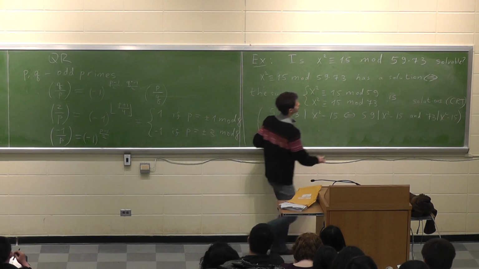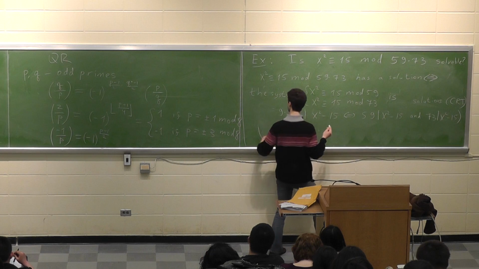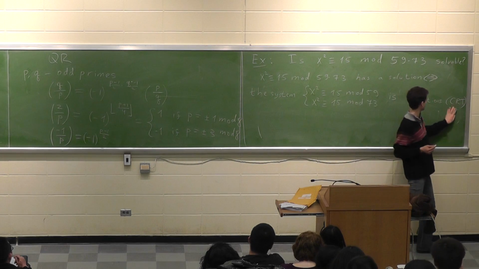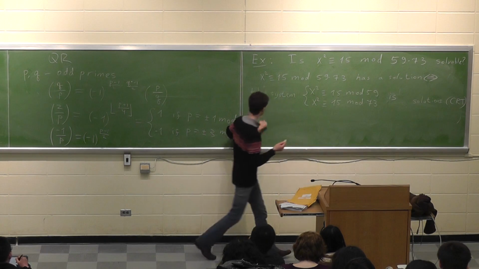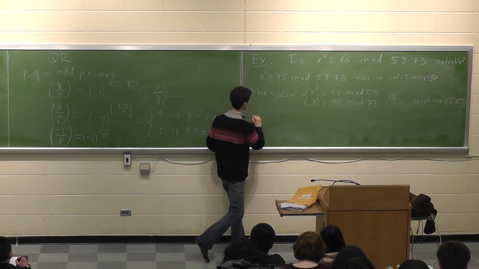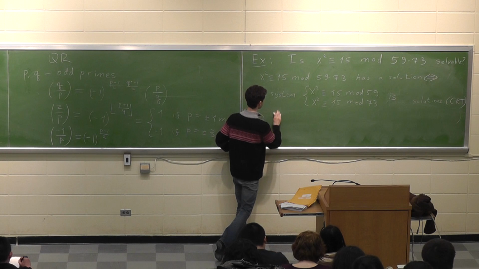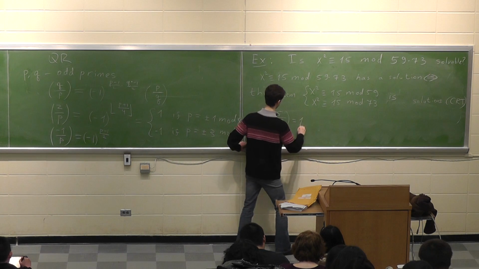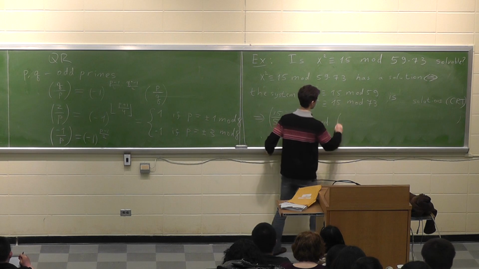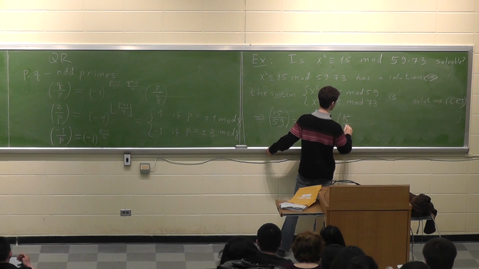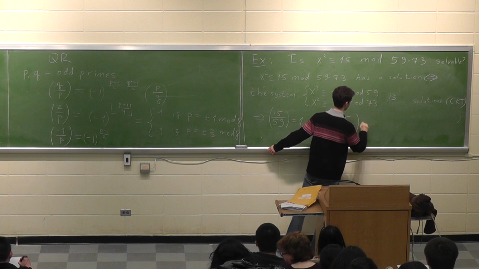So here we have both implications. And the next thing I want to say, it seems not to work both ways, but at least in one way it does work. In particular, 15 is a square modulo 59, and 15 is a square modulo 73.